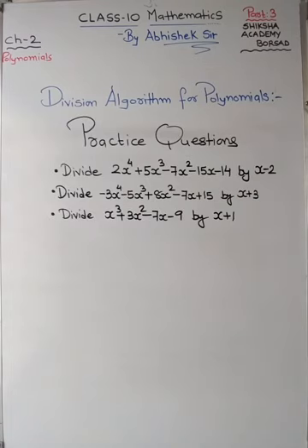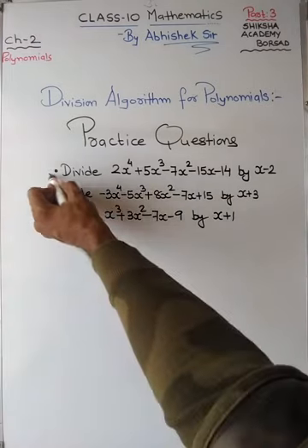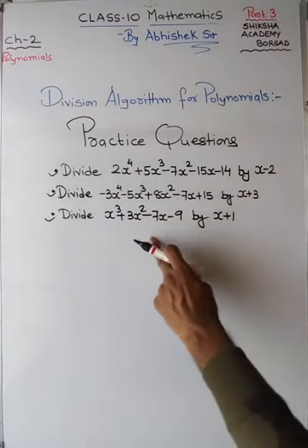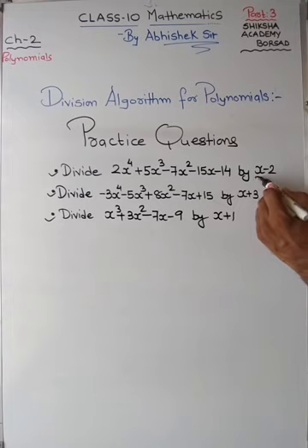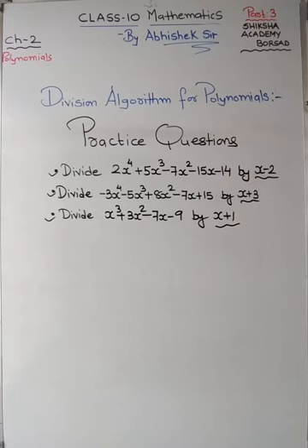Here on the board you may find 3 different questions specially given to you for practice, right? The first are the dividends, and then we have to divide them by the divisors, right? I hope if you have understood the process well, you are easily able to divide these 3 polynomials, right?